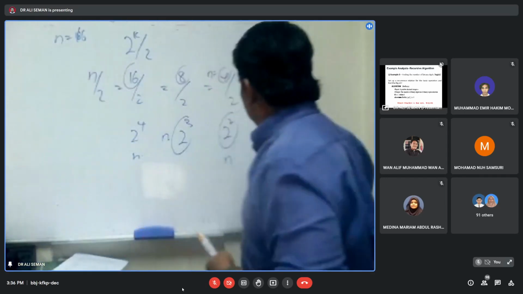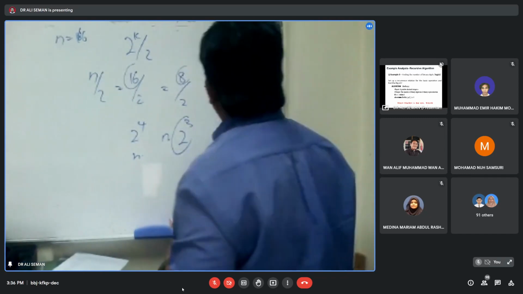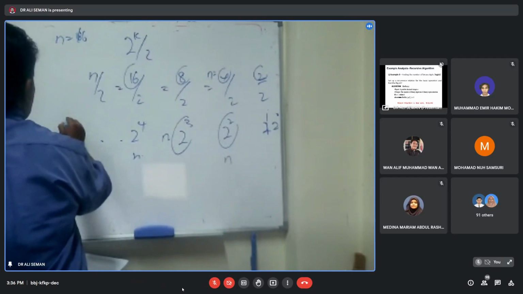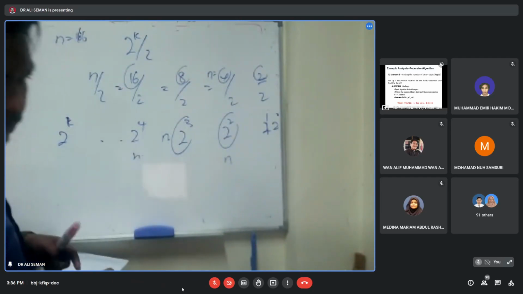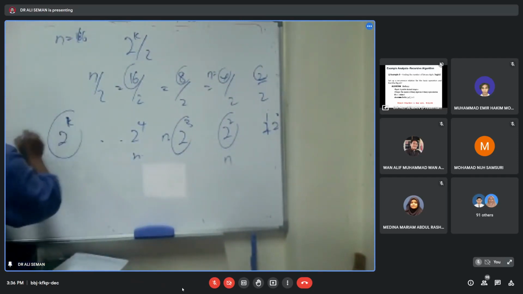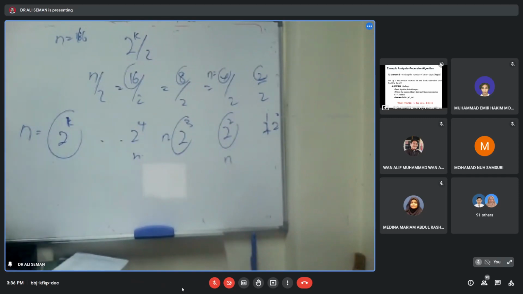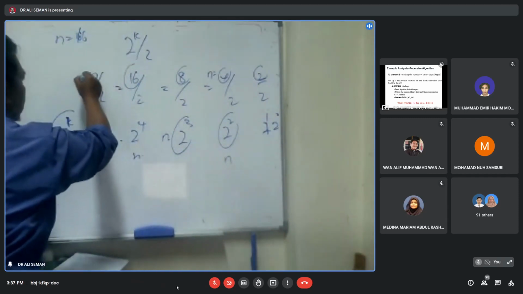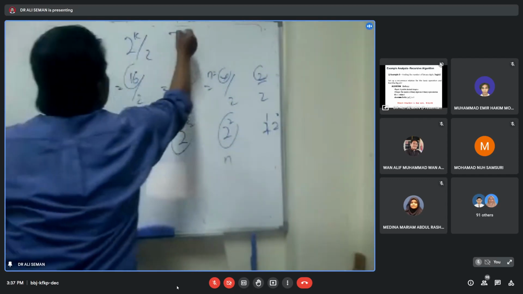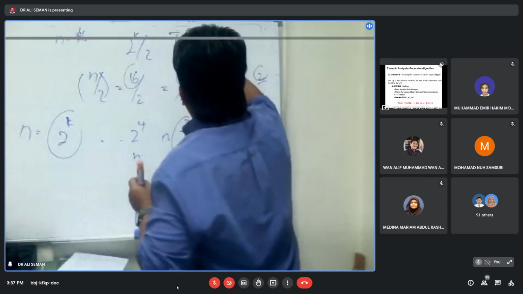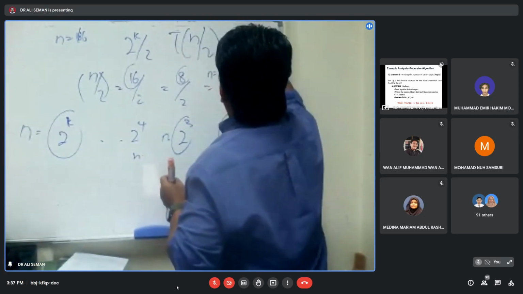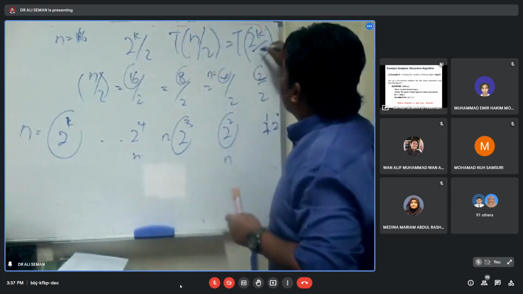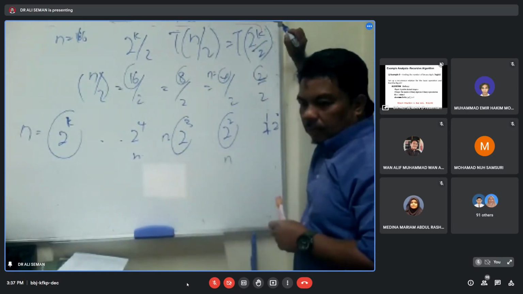So the pattern here is 2 power of 1, 2, 3, whatever 2 power of k. This is the pattern of n just now. So this is similar to n over 2 here: we have t of n over 2 equal to t of 2 power of k over 2. Clear?